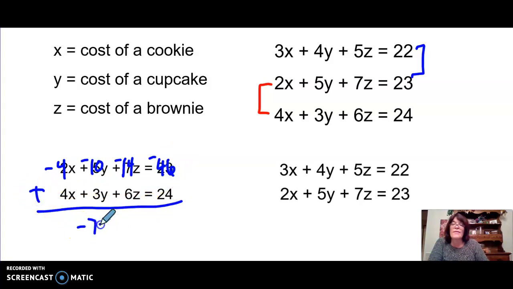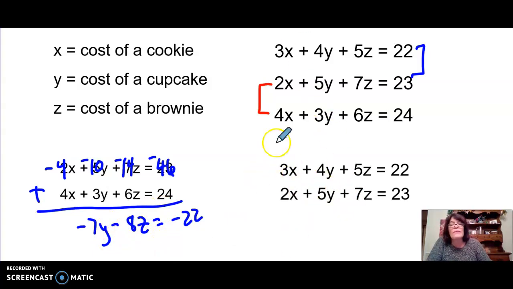I'll add this together and get -7y minus 8z equals -22. Okay, now I have an equation with 2 variables and 2 unknowns.